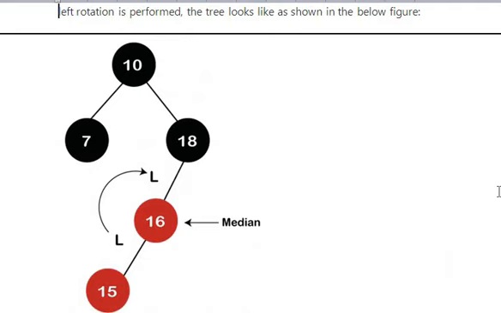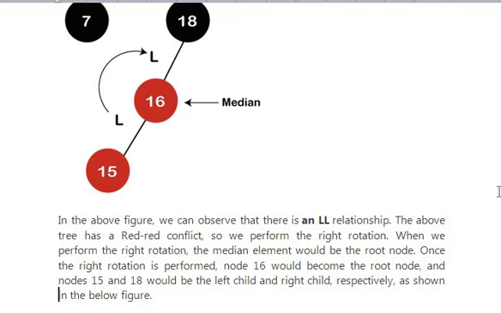So here we have the tree now. So here we have LL relationship. Again we have red conflict. So we perform the rotation. Node 16 would become the root node, and 15 and 18.